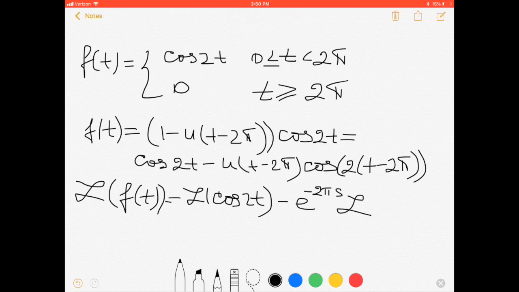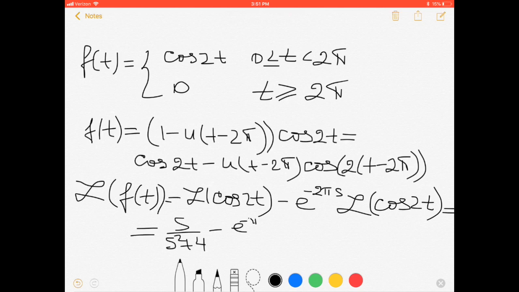But because it's a periodic function, we skip, and we have only cosine 2t. Okay, go back. This means use Laplace transformation. We have s over s squared plus 4 minus e to the minus pi s over s squared plus 4.